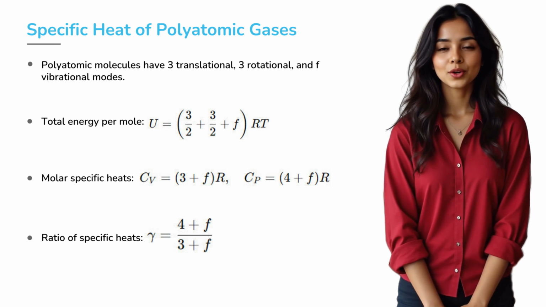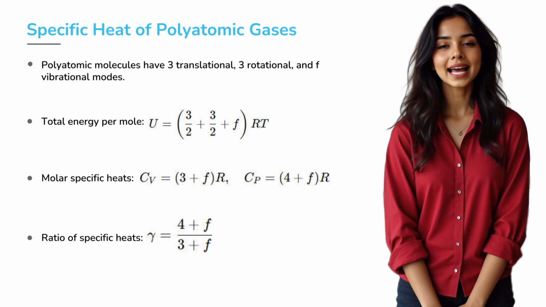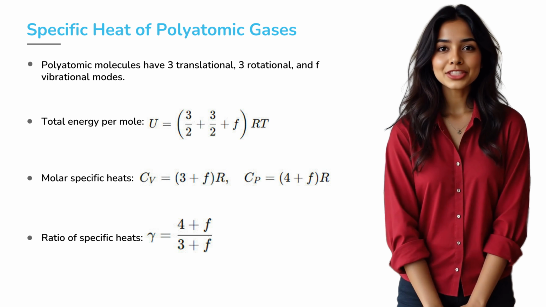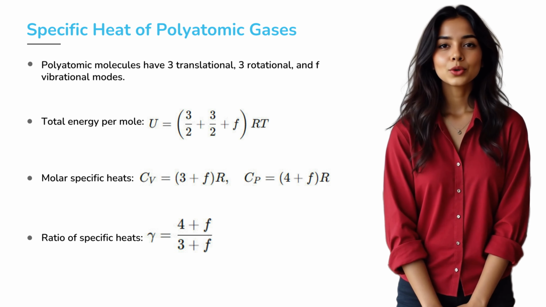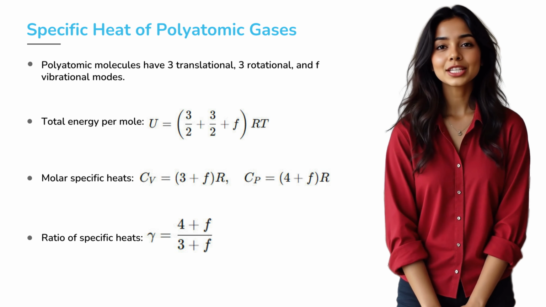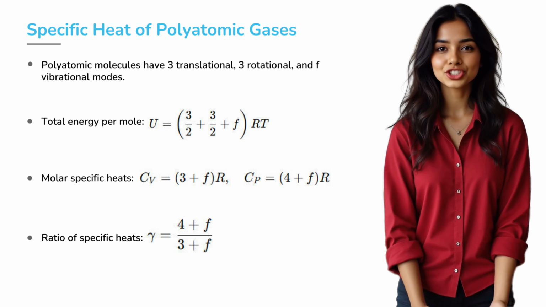Let's talk about the overachievers, polyatomic gases like carbon dioxide or methane. These molecules don't just move and rotate, they also vibrate in multiple directions. They have 3 translational degrees of freedom, 3 rotational ones, and several vibrational modes.